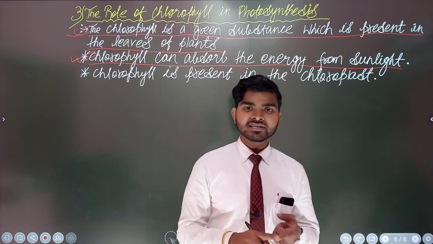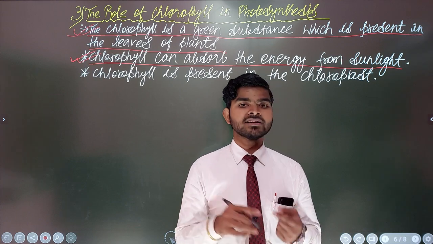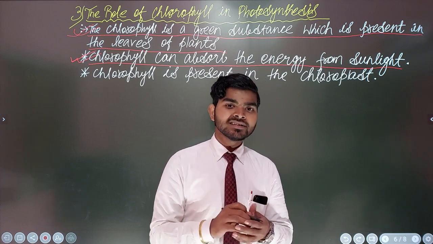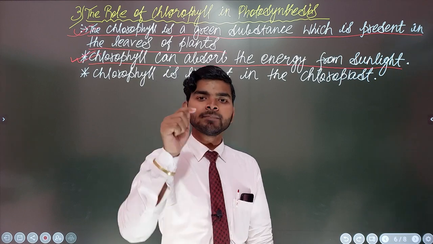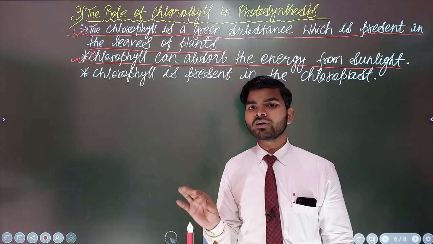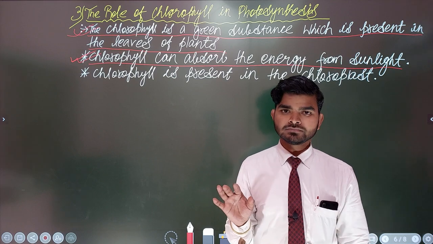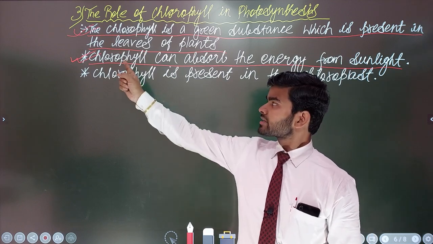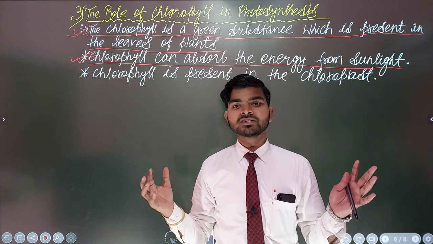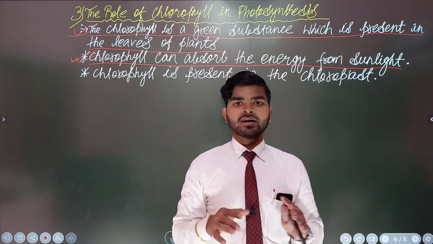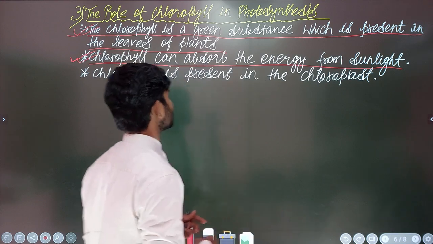Basically, the sun's energy, that is the solar energy or the sunlight, is captured by the chlorophyll which is present in a plant leaf. So objective questions can be asked from this particular point in several competitive examinations or maybe in your classes or school examination.